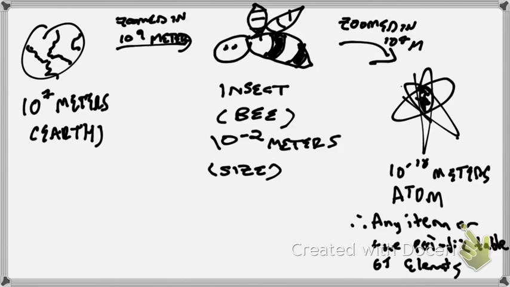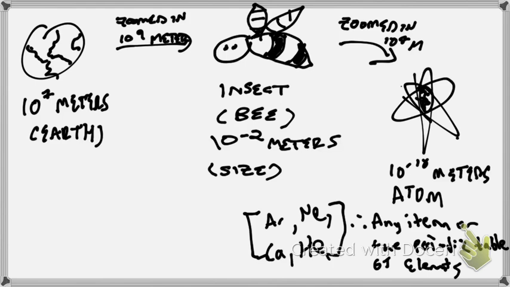Some examples: we have argon, we have neon, we have calcium, we have helium. These are all examples of what you will find on the periodic table, not in any order, just in general.